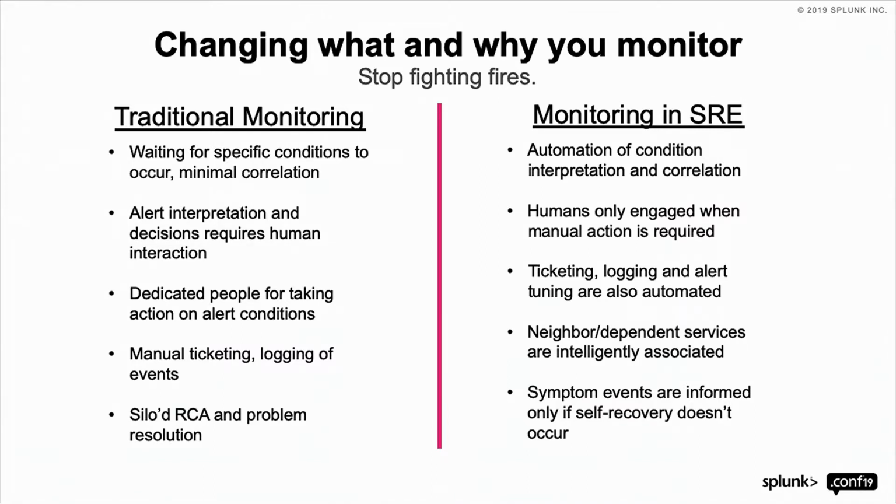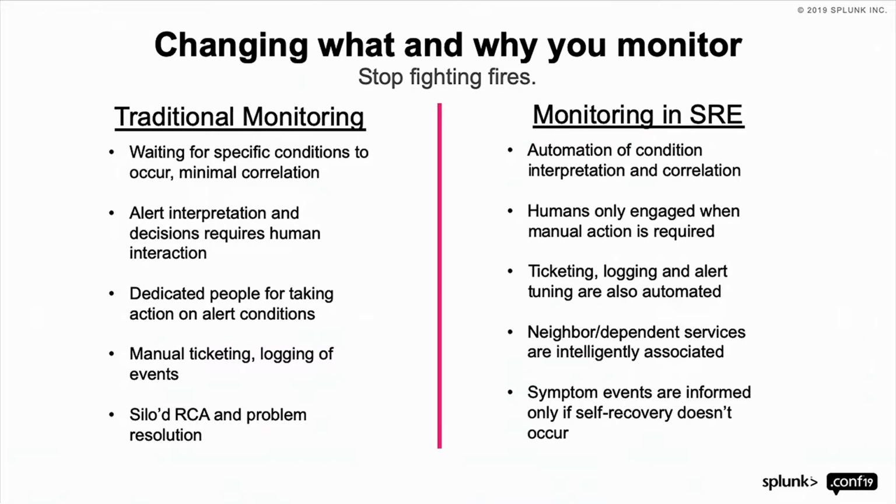Humans are only engaged when manual action is required. So in monitoring, you have passive consumption of information for efficiency and performance. It's looking at dashboards, generating reports. You should only really get human beings actively involved in reacting to things if something requires intervention and can't be fixed manually or automatically. Ticketing, logging, and alert tuning is also automated.